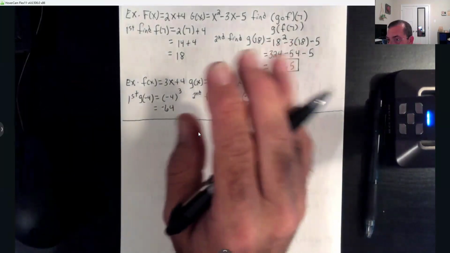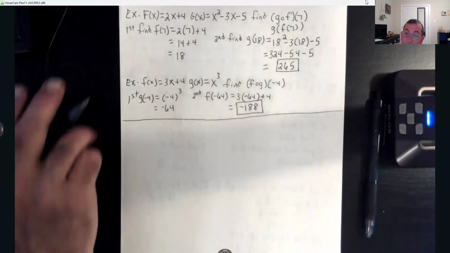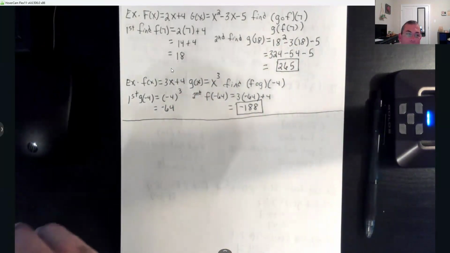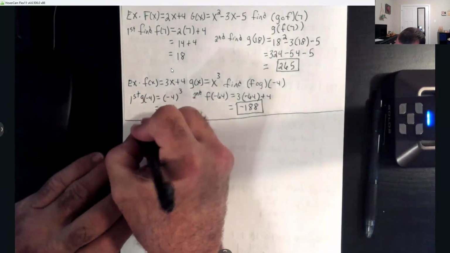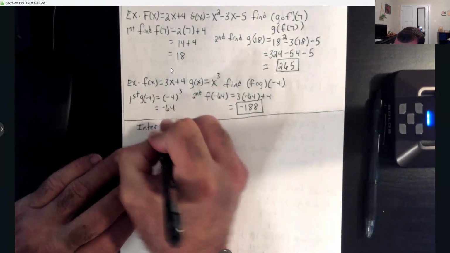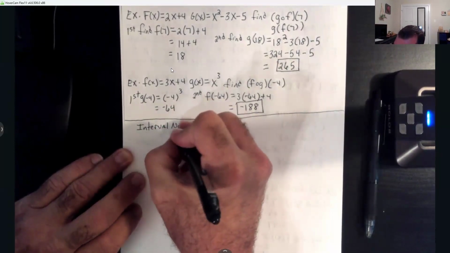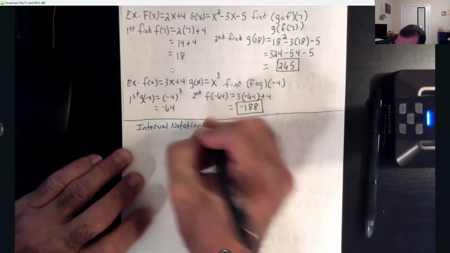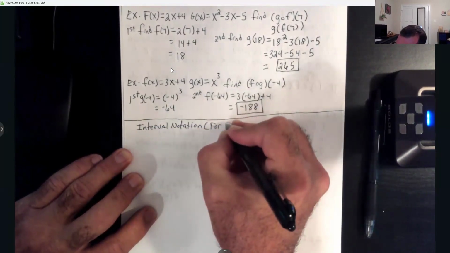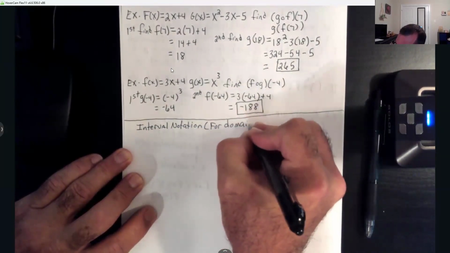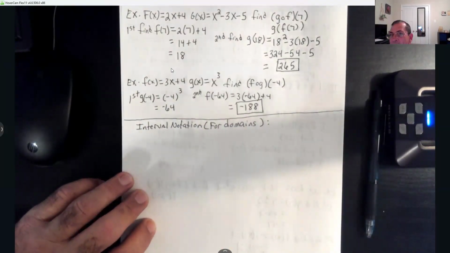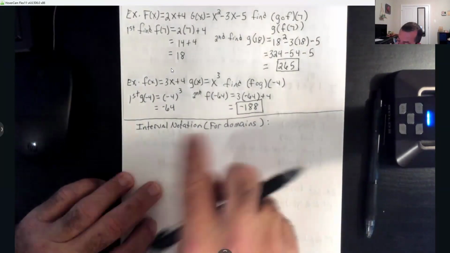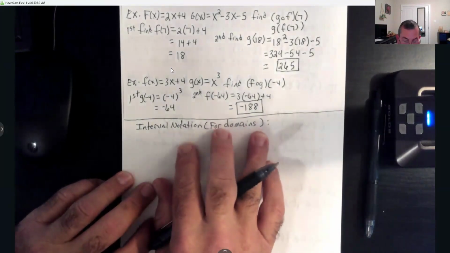Well, we get tired of writing all that every time we answer a problem for a domain. So we're going to learn about what we call interval notation. So this is interval notation. And this is for our domains. So the other way we was writing those domains with the X and the bar and all that, we call that set builder notation. So this is a lot easier once you learn this, okay?